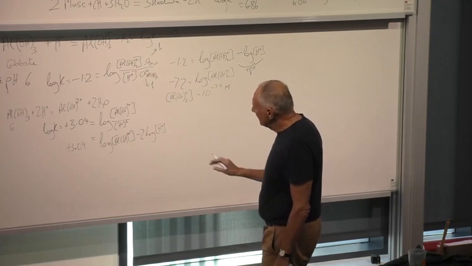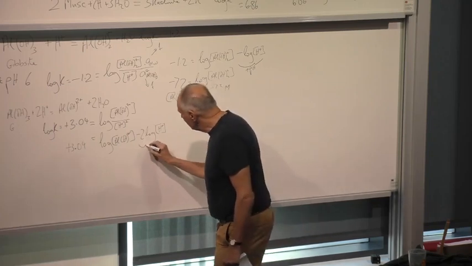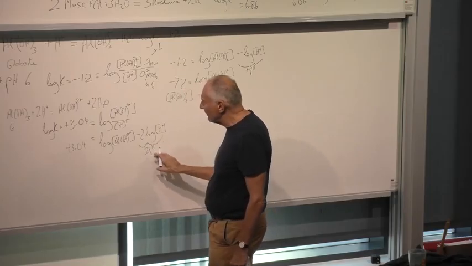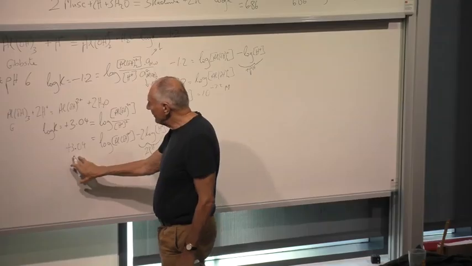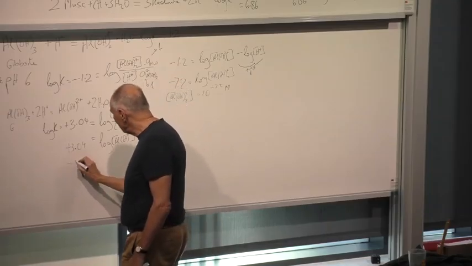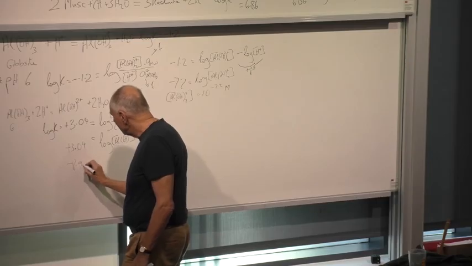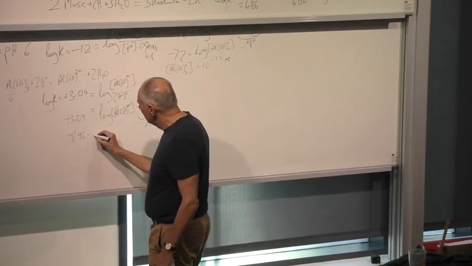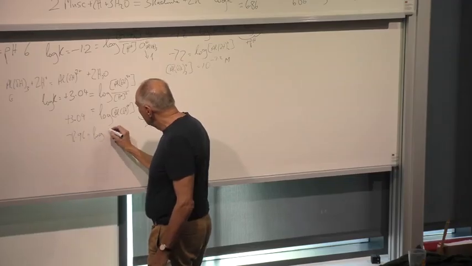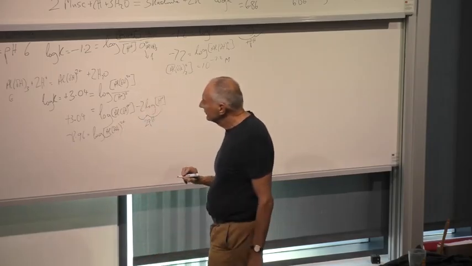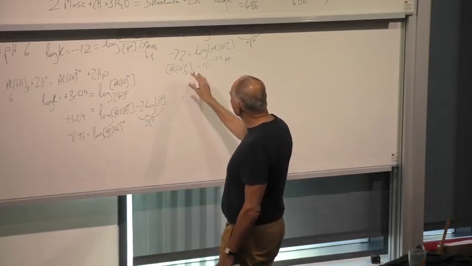And so that's 2 pH, so pH is 6, so that's 12, minus 12 on the other side, it's going to be minus 8.96. Okay, so that's even less than this in this case.